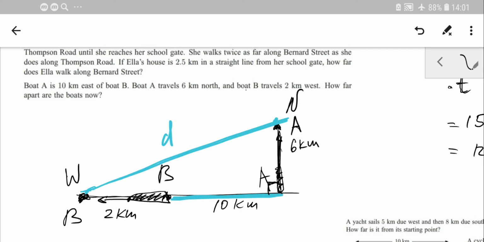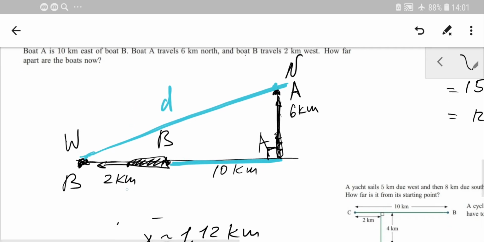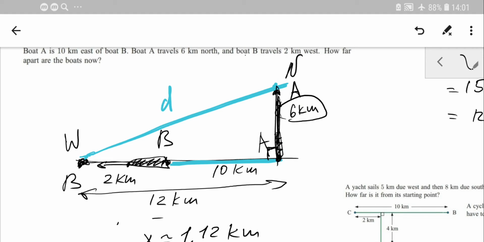So how to find the distance? We need to count the total length. Basically, the bottom leg is actually 2 and 10, it's 12 km, and this is simply 6 km after traveling. So we've got a triangle with sides 12, 6, and d distance.